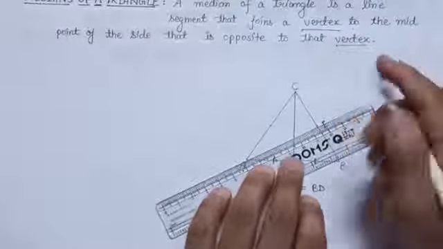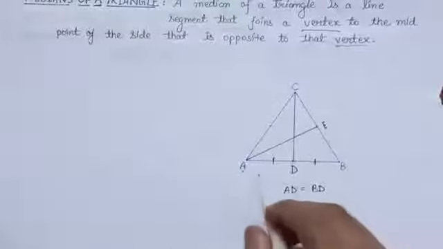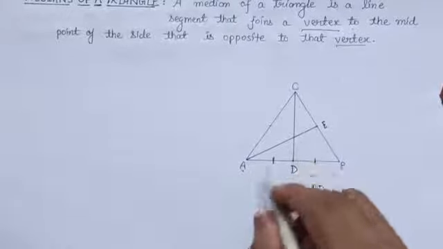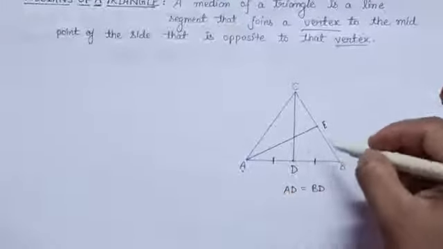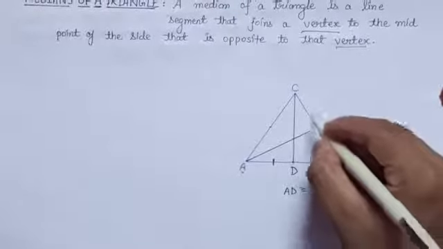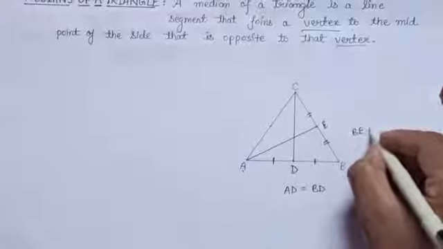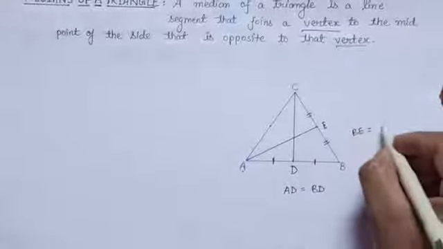We get a line segment AE. Now again we can say that AE is a median which divides the line segment BC into equal parts. That is, BE is equal to CE.